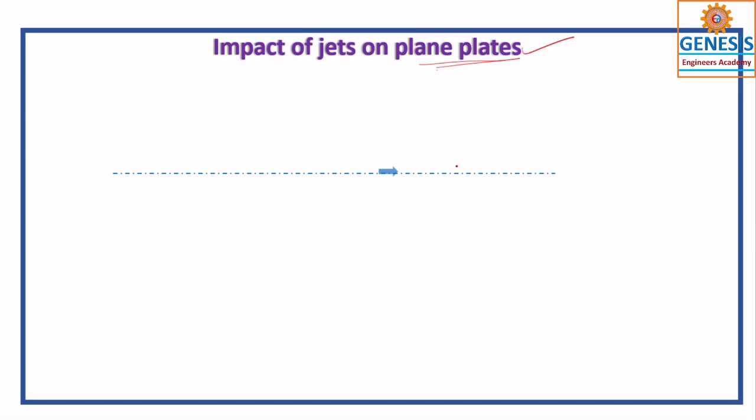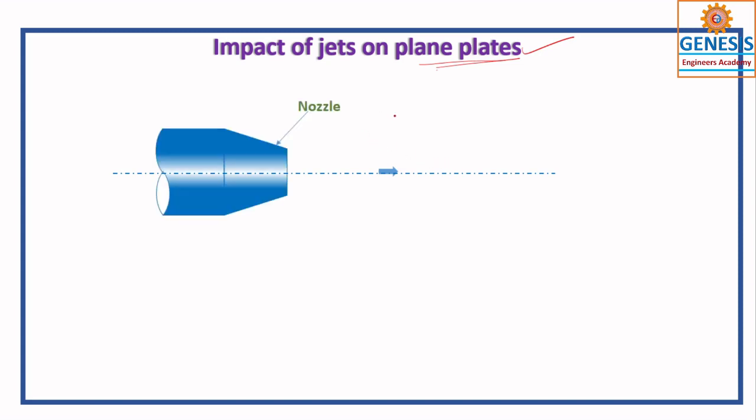Before that, we are using the word jet. A jet means it must have some high velocity. In the nozzle, by losing some of the pressure, that lost pressure is converted into velocity.